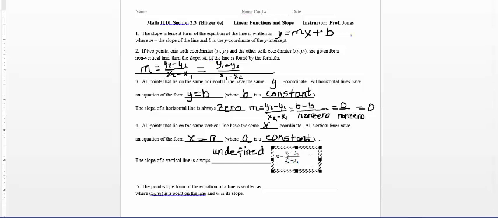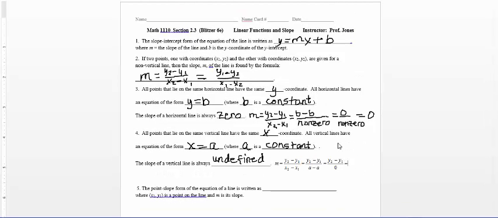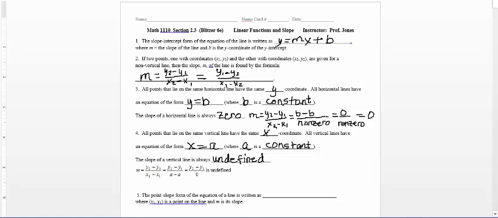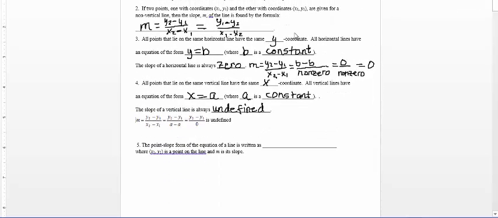But in this special case, when my line is vertical, x2 is going to be the same as x1. And we said, just generically, we'll say that value is a. So I get y2 minus y1 over 0. Division by 0 is always, let me say that again, always undefined.